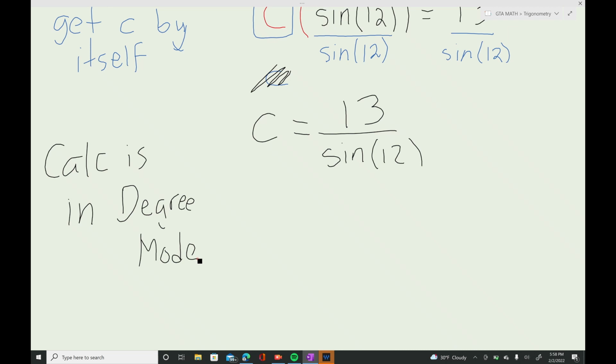So we're going to put this in: 13 divided by sine of 12. And the answer comes out to 62.5265.